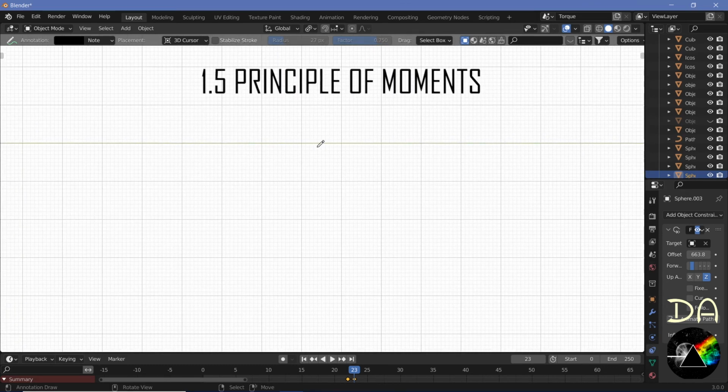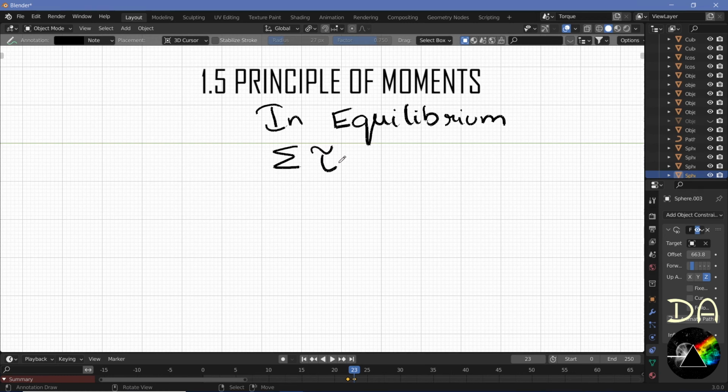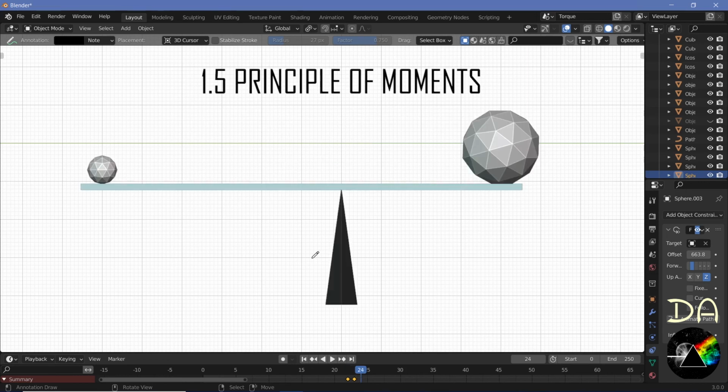The principle of moments, in simple terms, is that when the entire system is in equilibrium, it's very important that it is in equilibrium. In that case, the summation of all torques, or moments, is going to be equal to 0. That is the principle of moments.